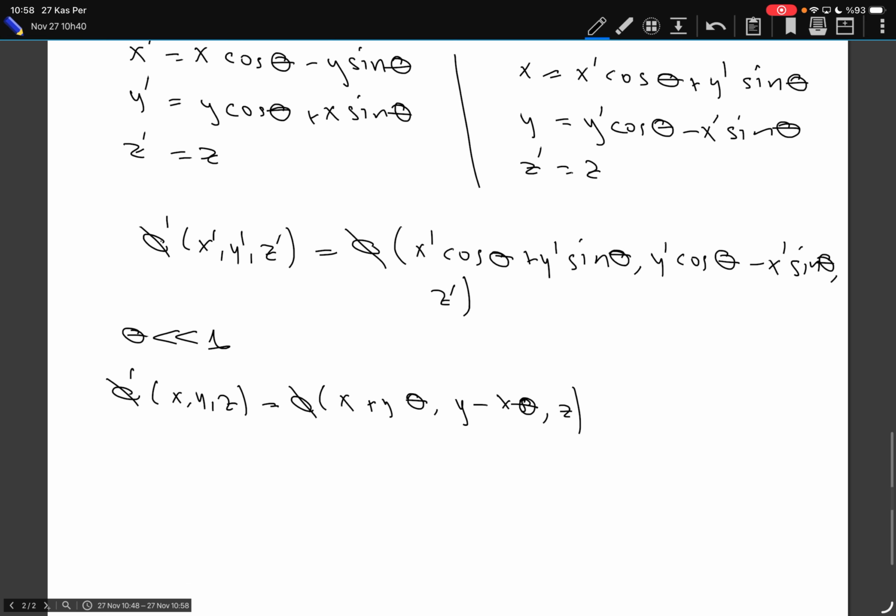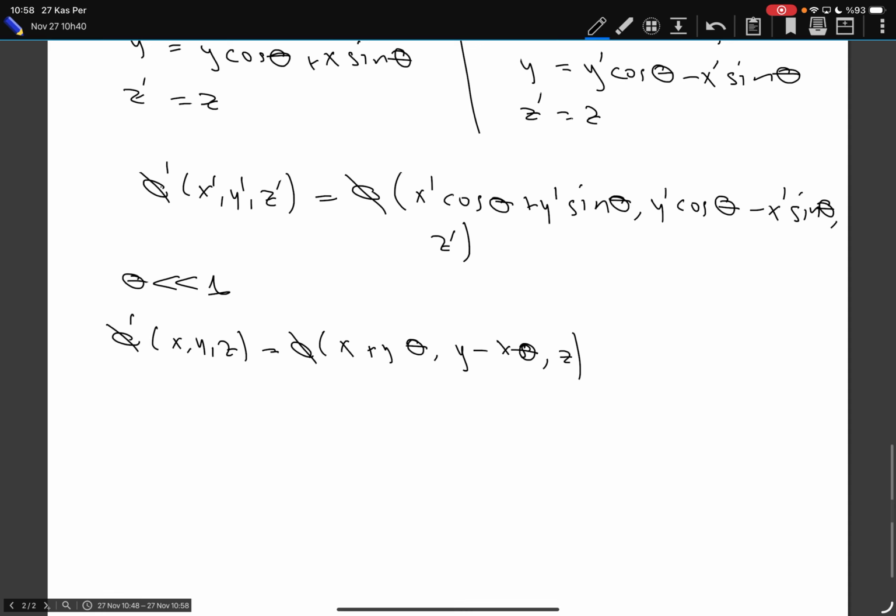Well, theta is very small, so I can just expand with respect to theta, plus, of course, corrections of the order of theta squared.